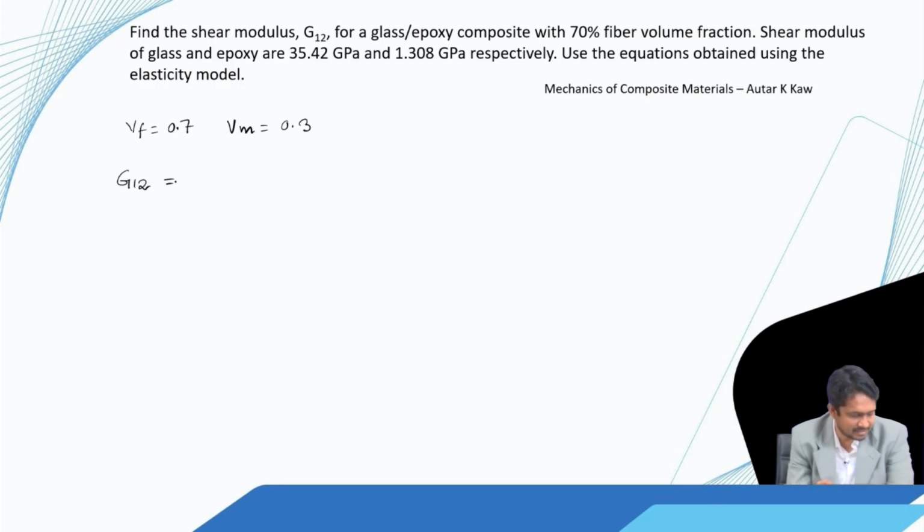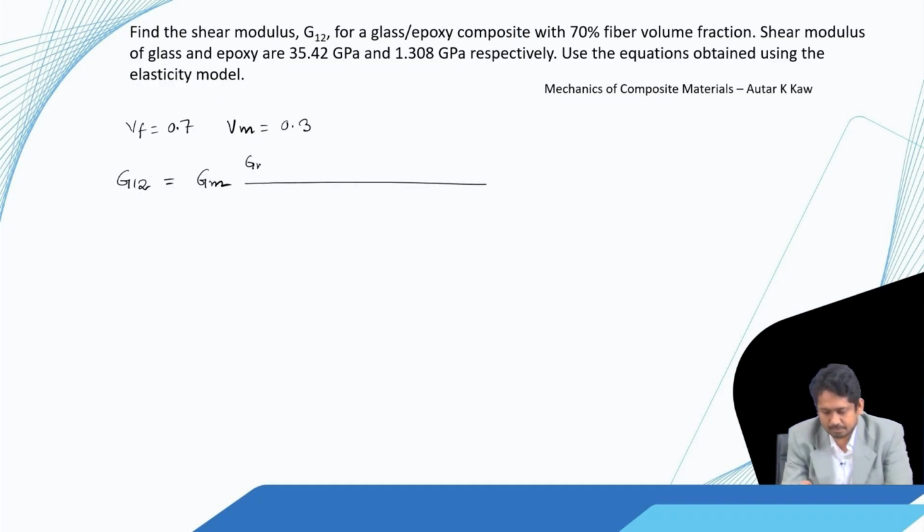the theory of elasticity based approach, and as per that the relation was G12 is equal to Gm multiplied by Gm into 1 plus Vf plus Gm into 1 minus Vf.